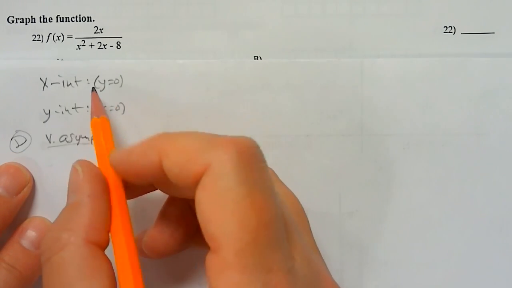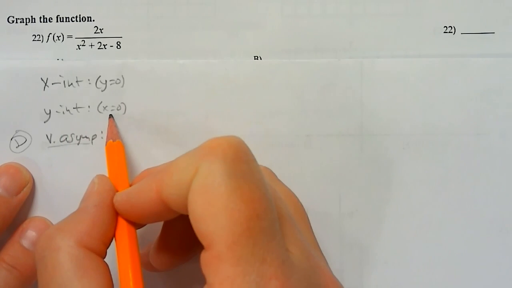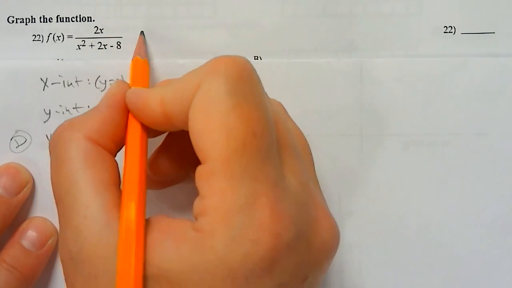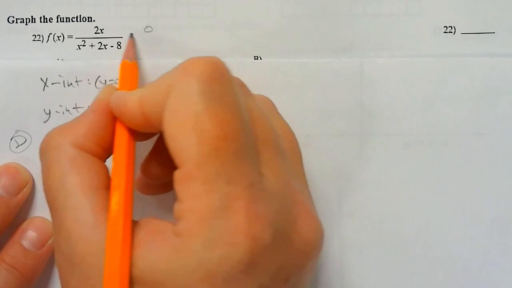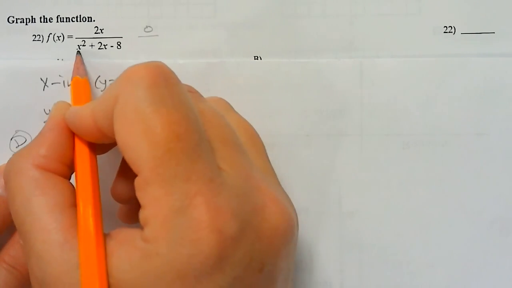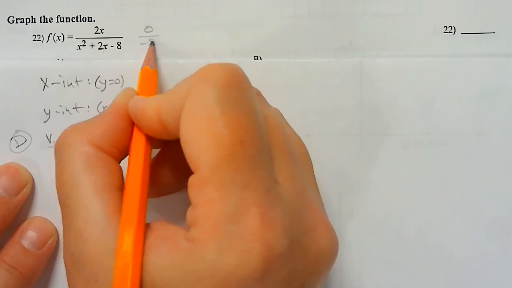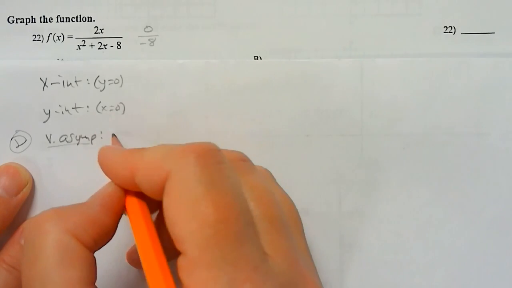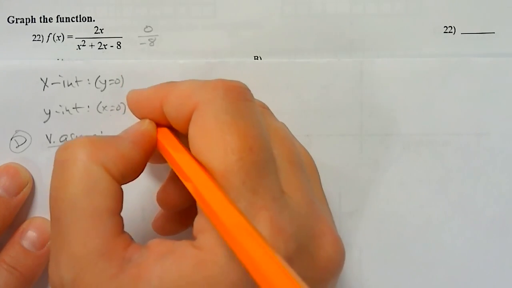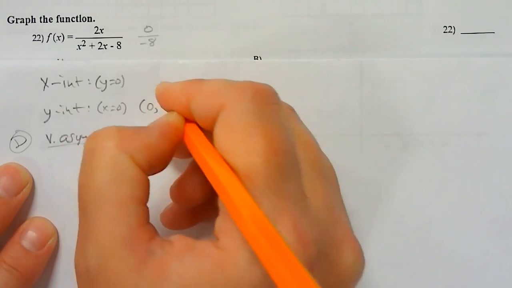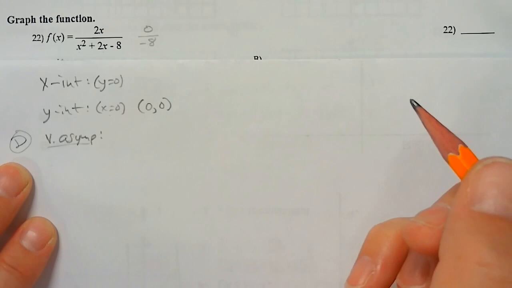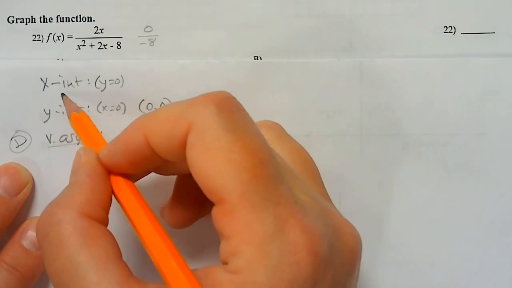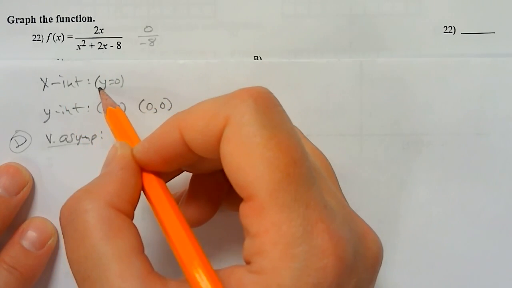So the y-intercept is when x is 0, that's easiest because then I get 2 times 0 is 0, over 0 plus 0 minus 8. Well, 0 divided by anything is 0. So it turns out my y-intercept is at the origin. So I have the point 0, 0 on my graph, which means that's also an x-intercept, which is interesting.